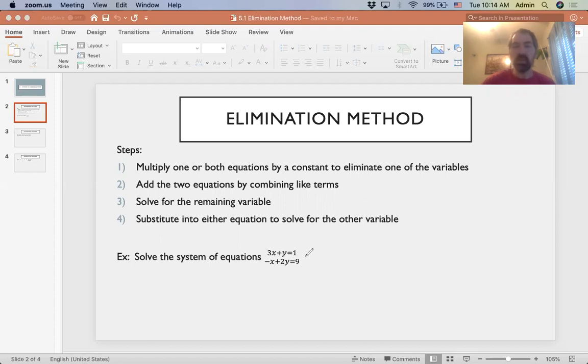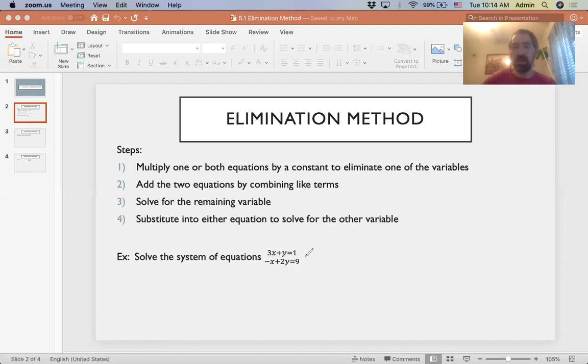But in order to eliminate the variable, when we add, we want the coefficients of that variable to be additive inverses. Additive inverses, that means when you add two numbers together, you get a sum of 0. So an additive inverse will have the same number but opposite signs.